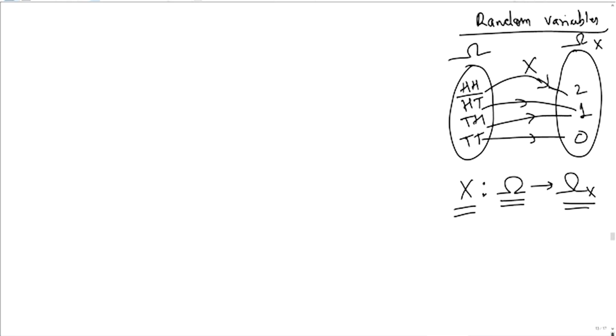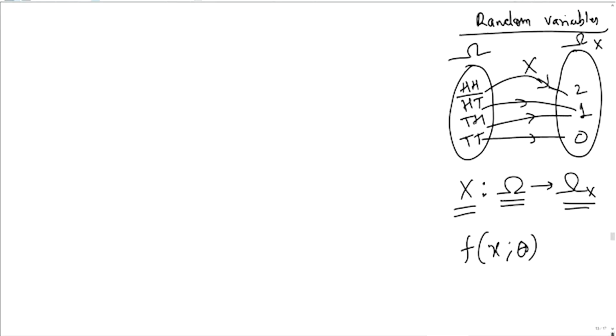Now, interestingly, this is an example where it is very straightforward to see why we require random variables, why we require such functions that transform a categorical space to a numeric space. And what is that? Well, we need these random variables so that we can define our probability assigner functions on a numeric space rather than on a categorical space.